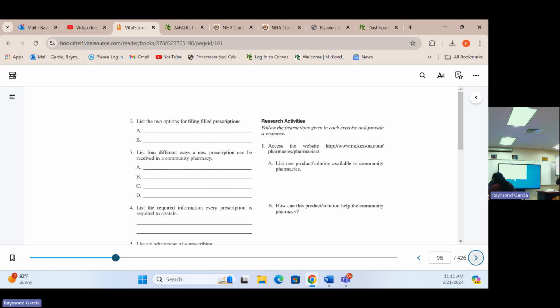The patient brings it, the physician calls it in, it is faxed by the physician, or it is e-prescribed. So we can get a written prescription, a verbal order, a fax prescription, and an e-prescription.